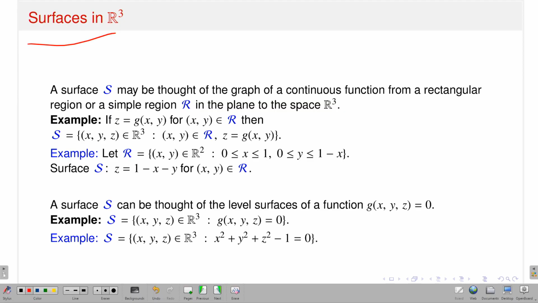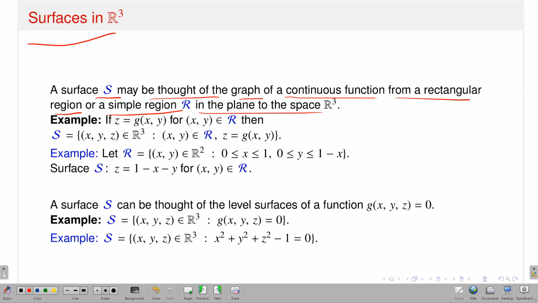So what is the definition of surfaces in R3? A surface S, that is the notation, may be thought of as the graph of a continuous function from a rectangular region or a simple region R in the plane to the space R3. So a surface S in R3 is the graph of a continuous function.